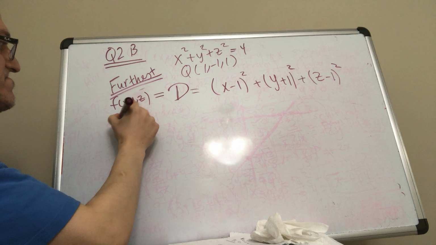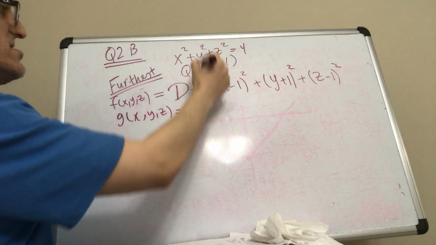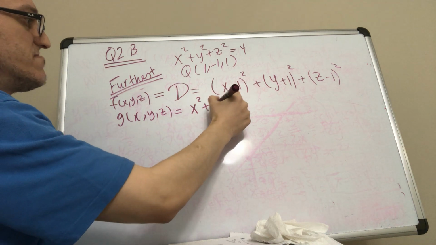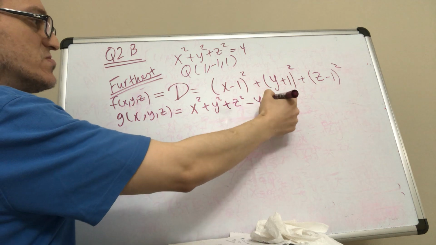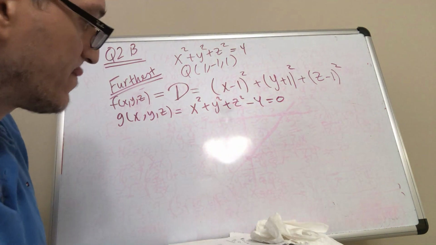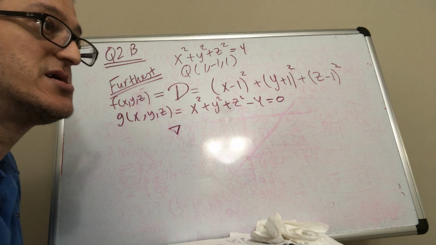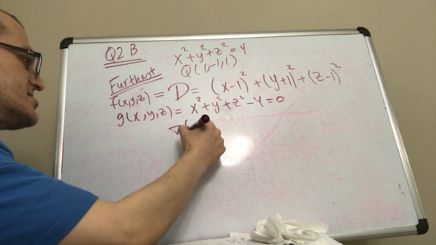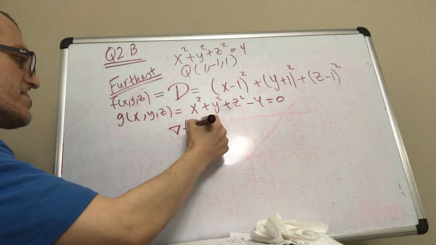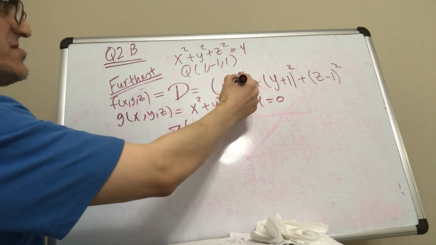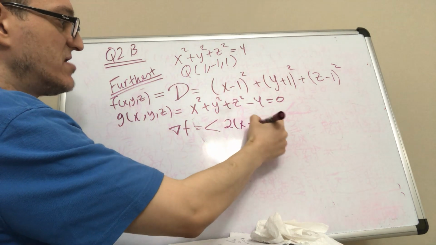Your g function is this one here, x squared plus y squared plus z squared minus 4 equals 0. Like we did for the question in worksheet A, we find the gradient for f. The derivative with respect to x would be 2x minus 1.